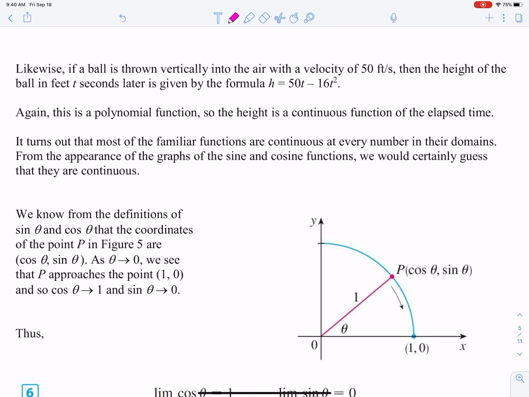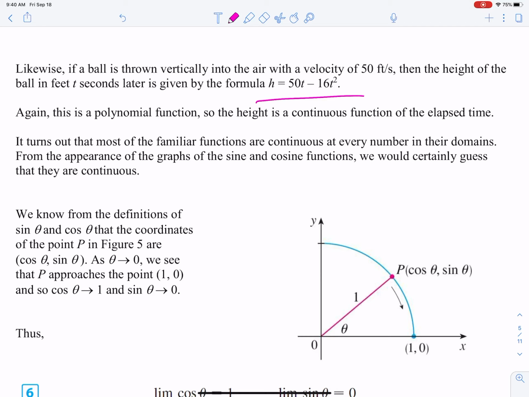Likewise, if a ball is thrown vertically into the air with a velocity of 50 feet per second, then the height of the ball in feet t seconds later is given by the formula h equals 50t minus 16t squared. Again, this is a polynomial, so the height is a continuous function of elapsed time. It's continuous. Again, you're not going to go from 3 feet to 5 feet in no time at all.